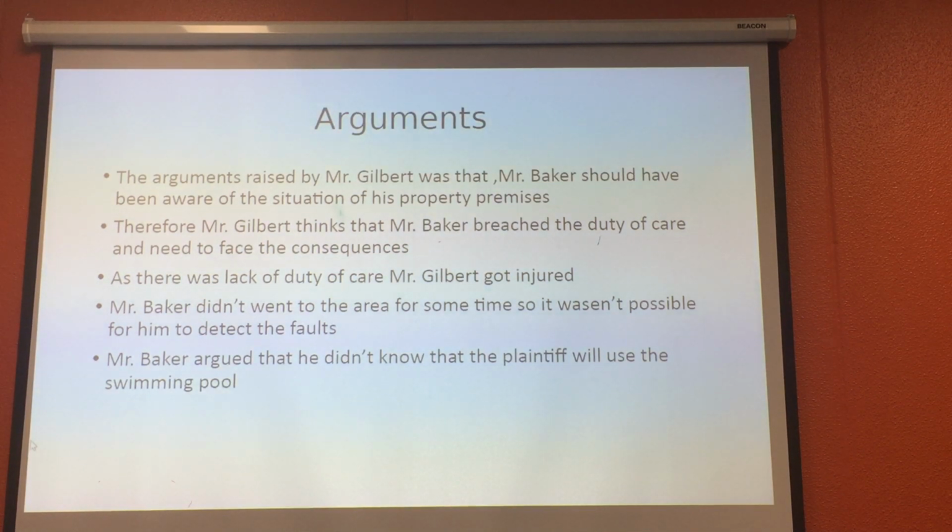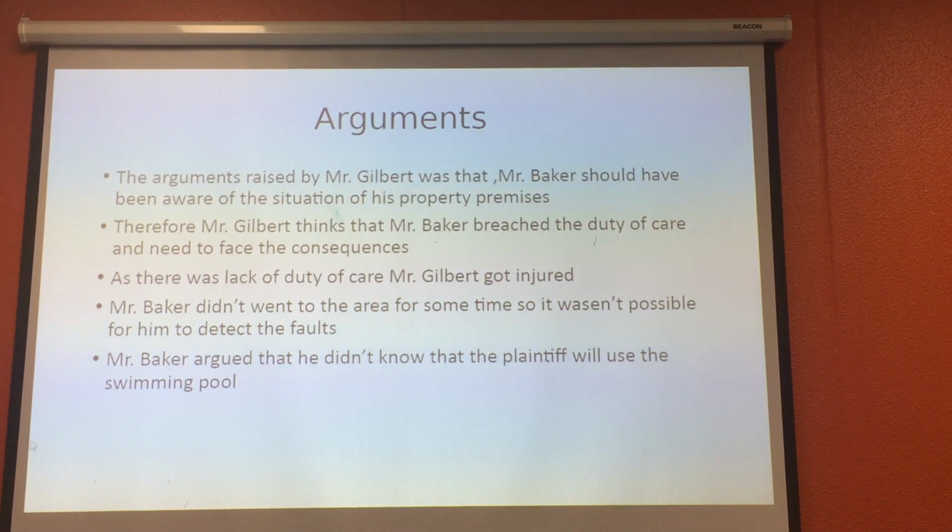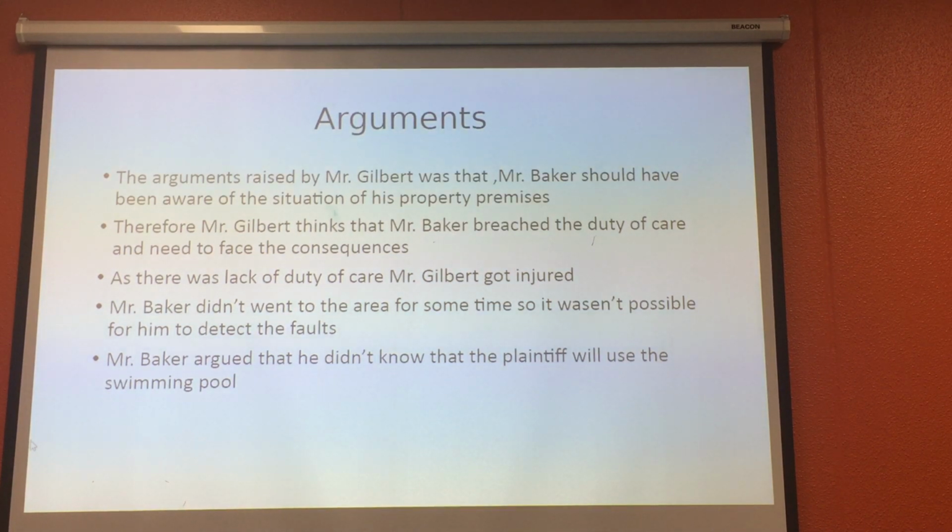The nuts and bolts of the platform were severely loose, and it was visible. So it was the duty of the householder to maintain his property, which he ignored, and this caused the injury of the plaintiff. As in previous cases, the defendant got punishment for negligence and the lack of duty of care.